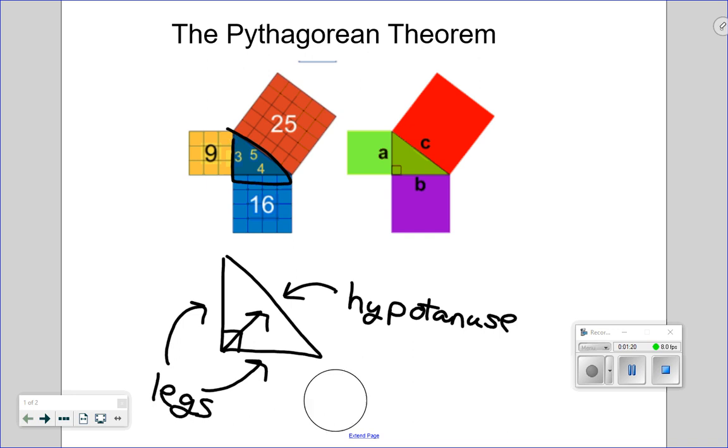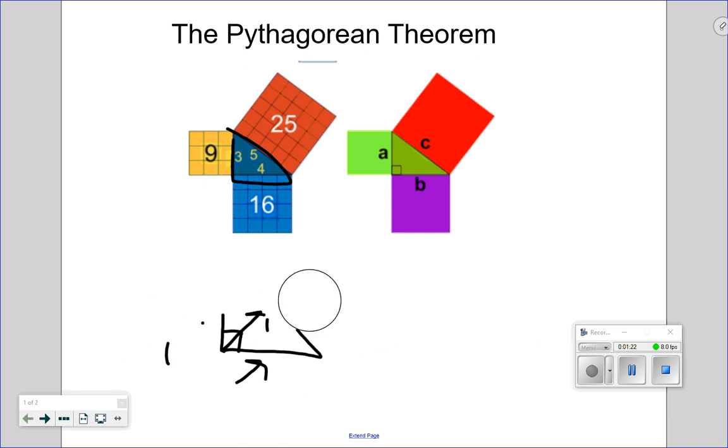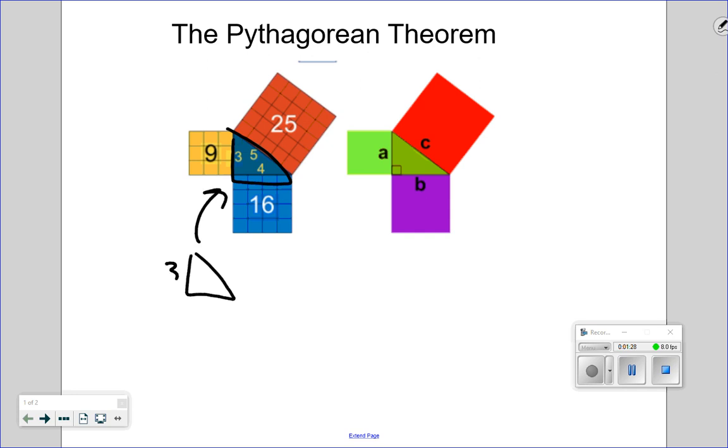So what the Pythagorean theorem says is that for any right triangle, such as this one right here, I'll redraw it in case it's hard to see, that has legs that are 3 and 4, and the hypotenuse is 5. For any of these right triangles, if I square the two legs, so they actually drew squares, but what the square right here means is 3 squared.